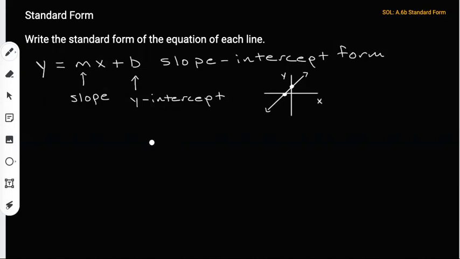Now we can take that slope-intercept form and we can convert it into standard form, which is going to be ax plus by equals c. So this is called standard form.